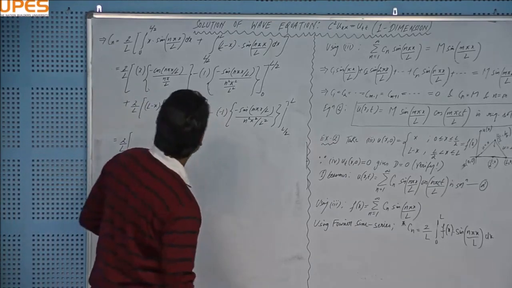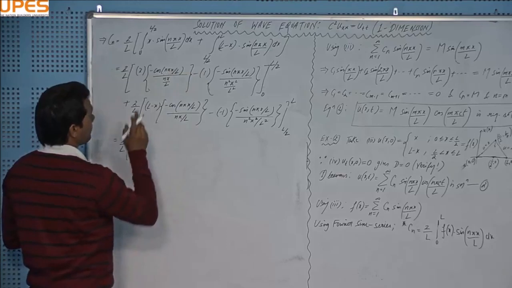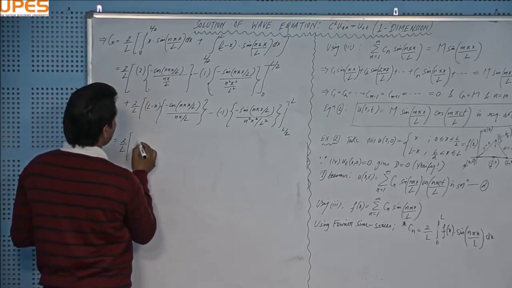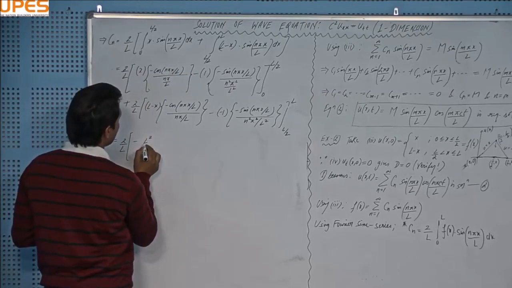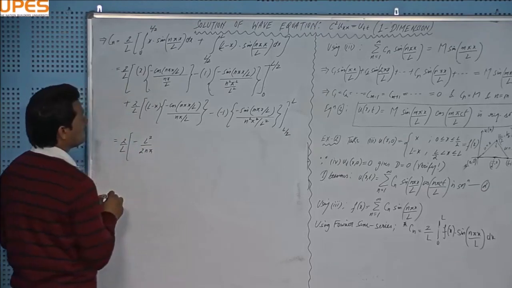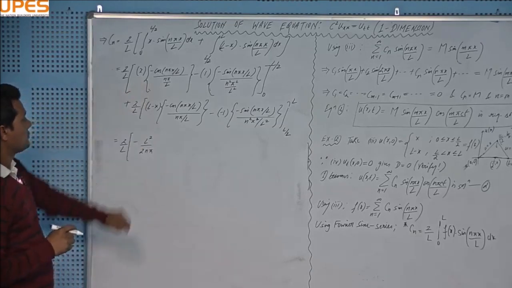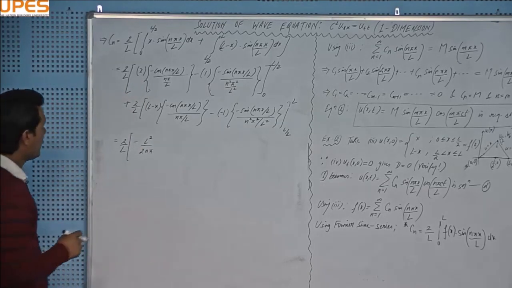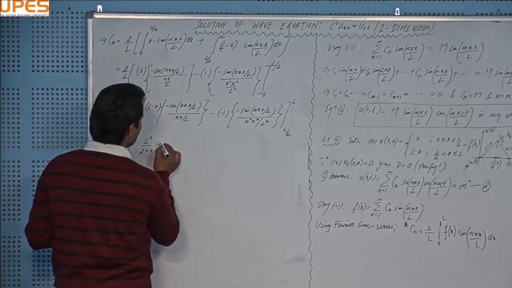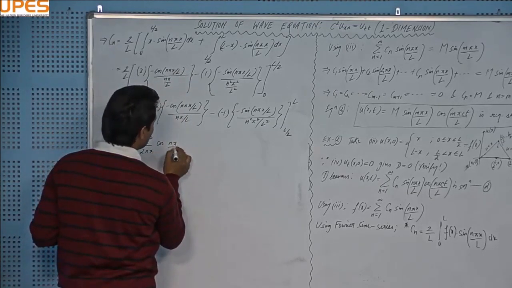Fine. So putting L pi by 2 here, that will produce a term of this type, minus L square upon 2n pi, right? Now it is fine. And here I will have cos n pi by 2.